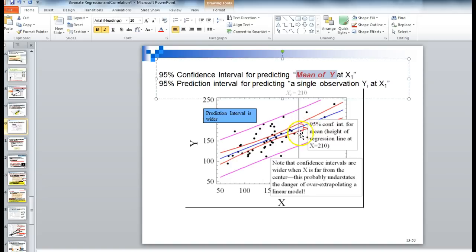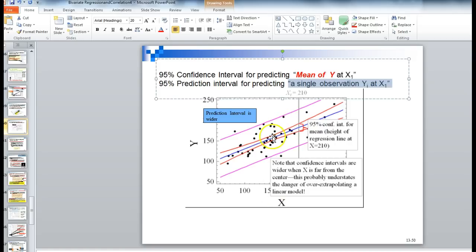We're always going to want to know accurately the average, and that's our confidence interval. The prediction interval is the range where, 95 out of 100 times, a single individual's sales will fall. And that's going to be much wider, because an individual has much wider variability. The average has much smaller variability. Note that the intervals are wider when X is far away from the center.